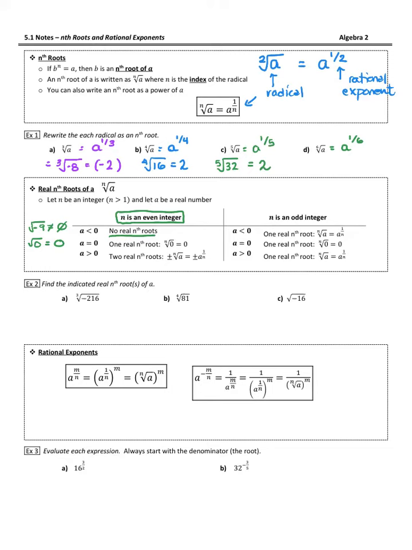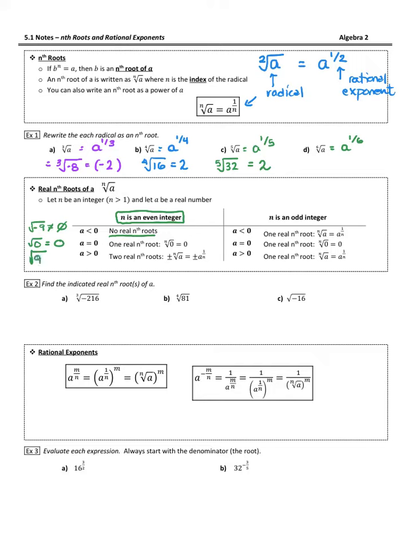If a is greater than 0, so we want to have ourselves an even root, so the square root of +9.